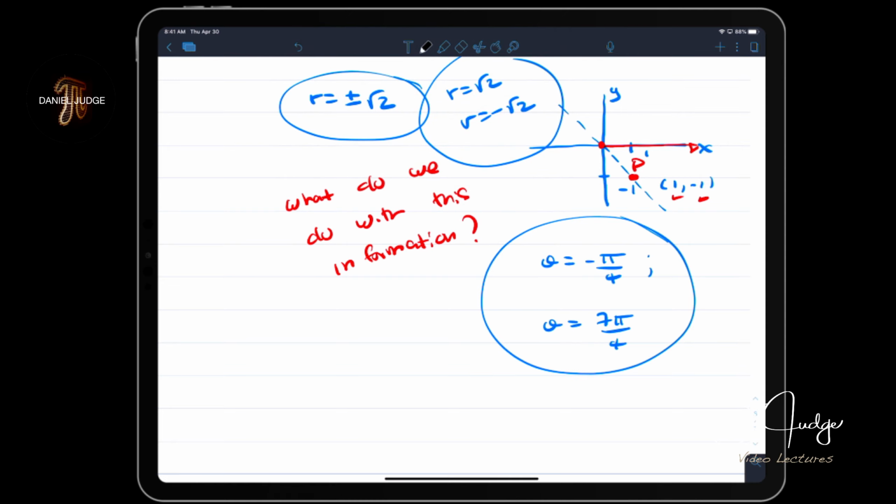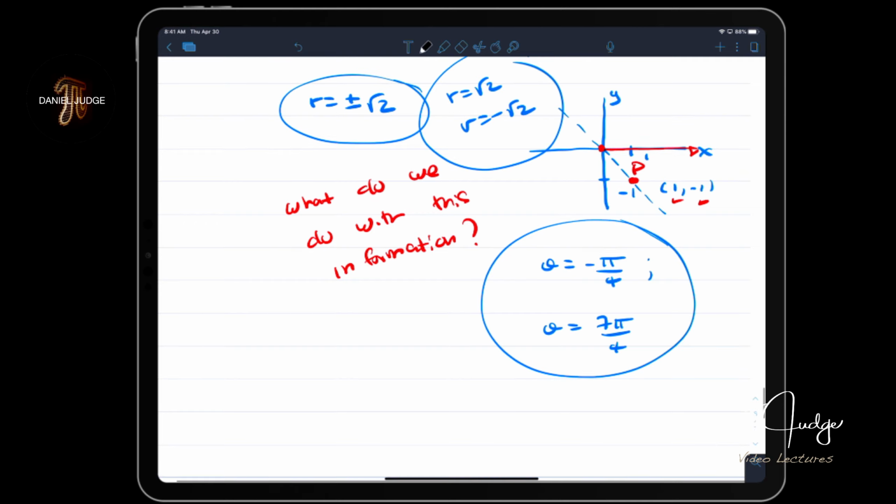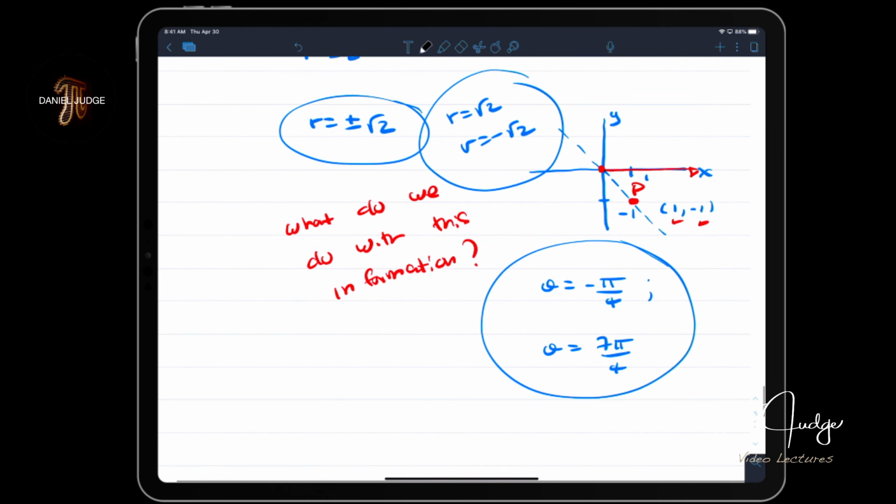If I go out square root of 2 units, sorry, a positive square root of 2 units, and I rotate with a negative angle.